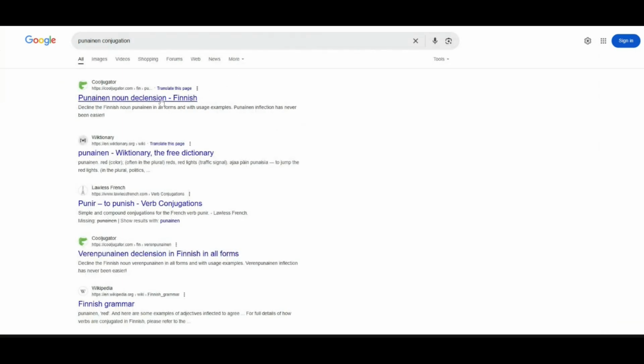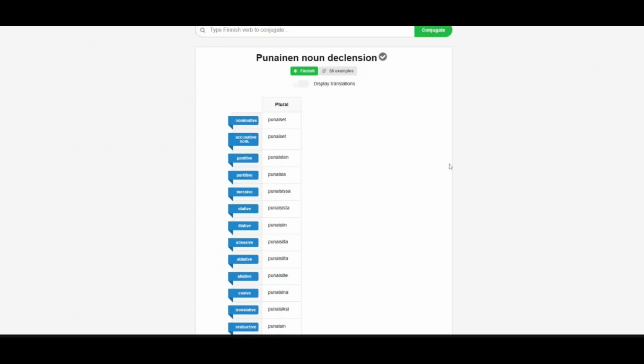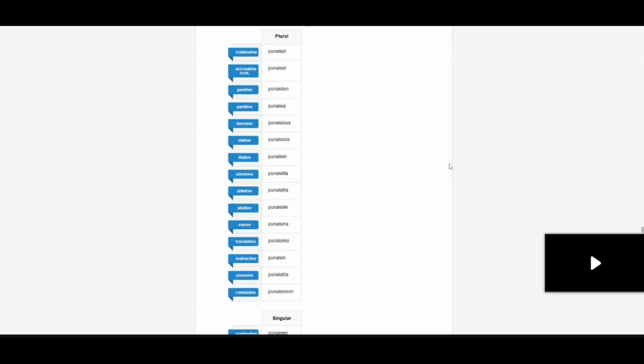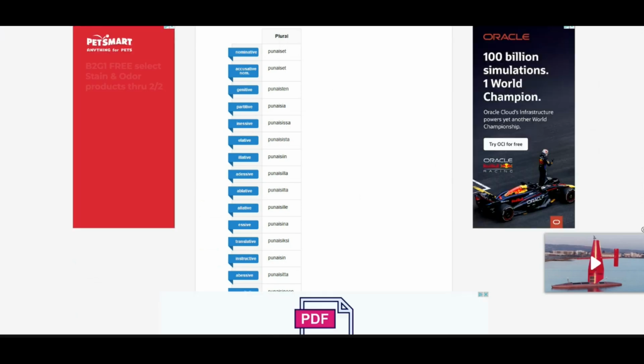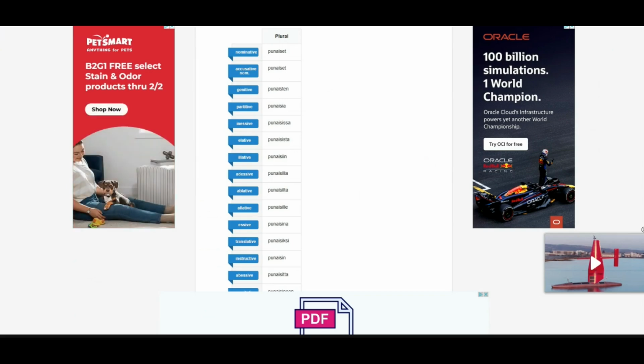Here are all the forms of the word red. There are 15 cases in Finnish. I think English has like 2. You have red, redder, reddest, redden, maybe. But look at this one. I don't even know if Finnish people know every single one.